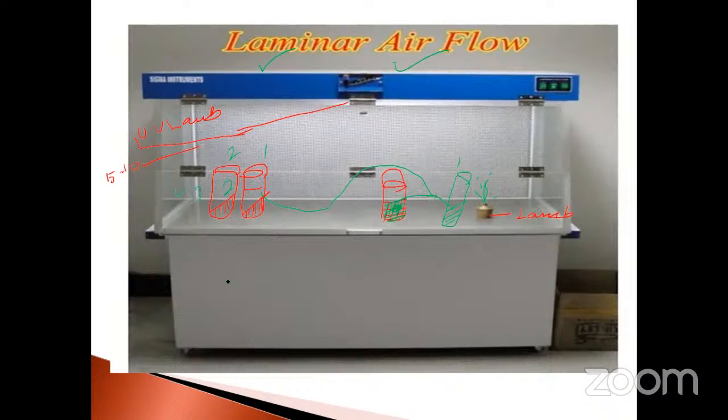You have to keep it under the incubation period. After finishing this work near the lamp, you place it here and again you have to sterilize it. After that, it is kept for a few weeks, a few days, or 24 hours, or 48 hours, or 3 days, 4 days, like that.